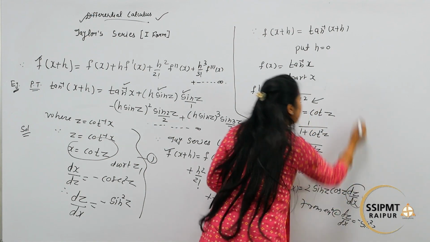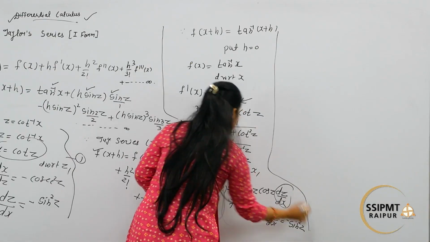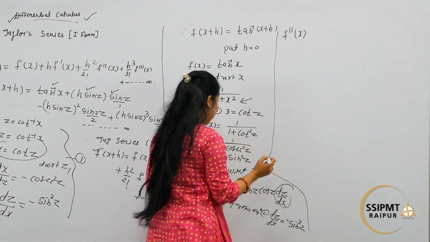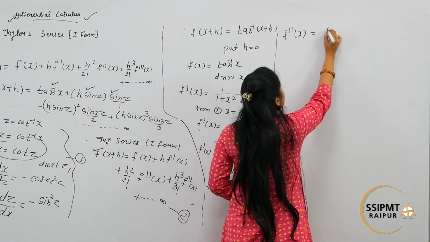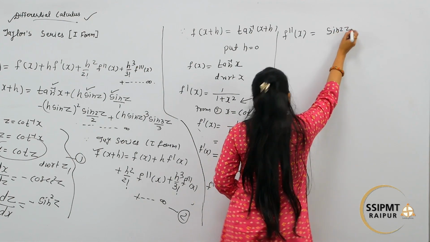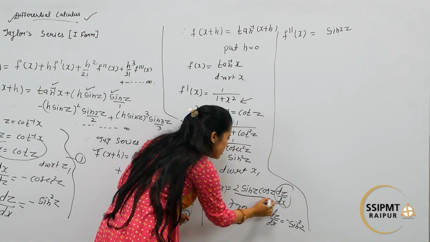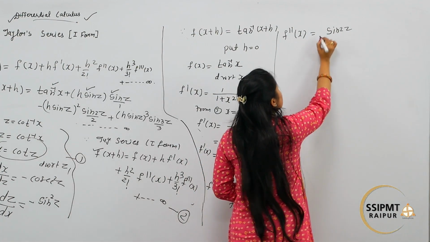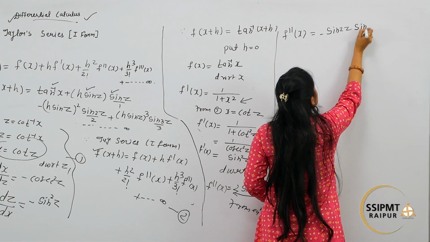So put the value over here and f double dash of x will be sine 2z, since we all know that 2 sin z cos z is equal to sine 2z, into minus sine square z.